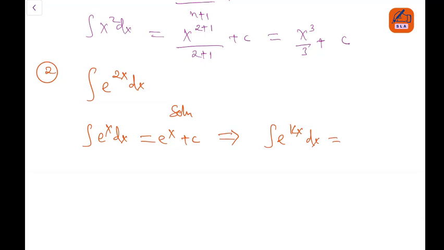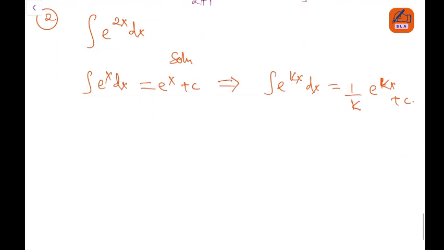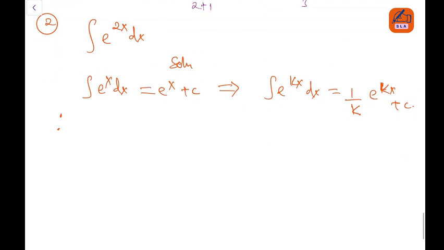What we said about this one: we take this k here as 1 over k, and then we take e to the kx plus c. So it's the same. Therefore, we go the same way. So for e to the 2x dx, our k is 2, so now we get 1 over 2 e to the 2x, which we take as it is, plus c.